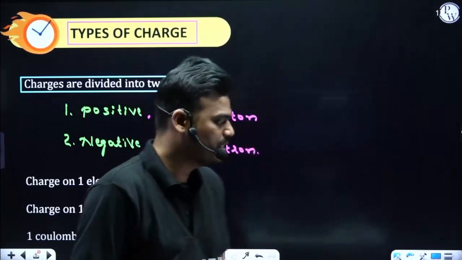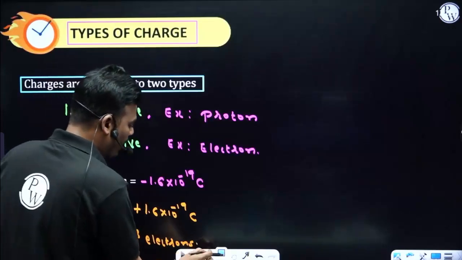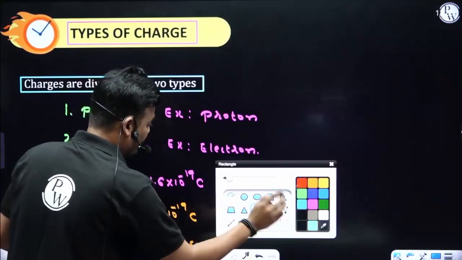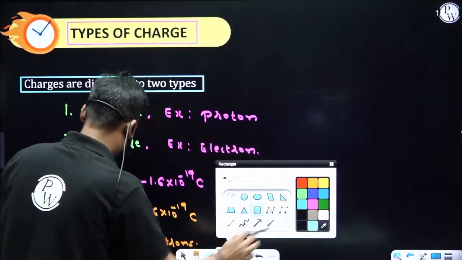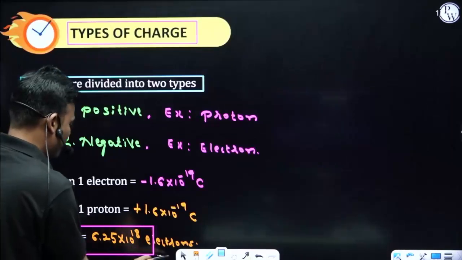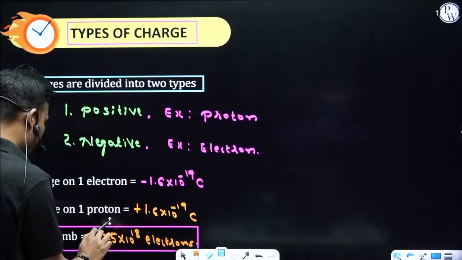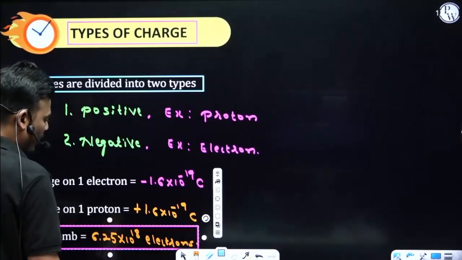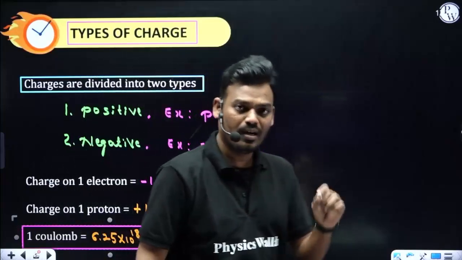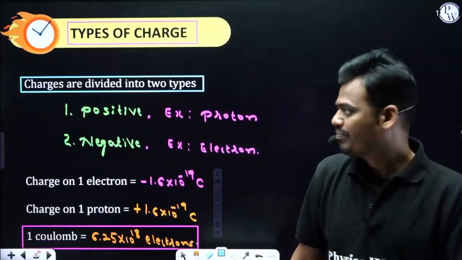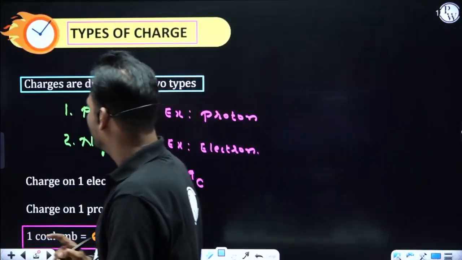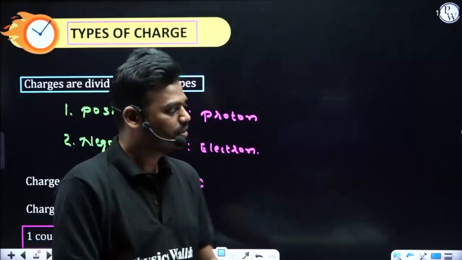That is the reason the flow of charges is always represented in a conductor. I'm talking about a conductor. When we consider a conductor, only electrons will be moving, while protons are bound in the nucleus. That's it. So charge and types of charge, it is done.